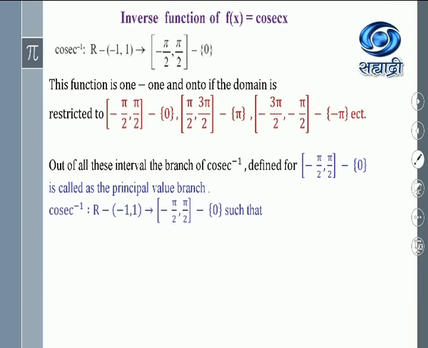Thus, we define cosec inverse as the inverse function of cosec from R minus open interval -1 to 1 to the closed interval -π/2 to π/2, minus singleton 0. Or another notation: if y is equal to cosec x, then x is equal to cosec inverse y.